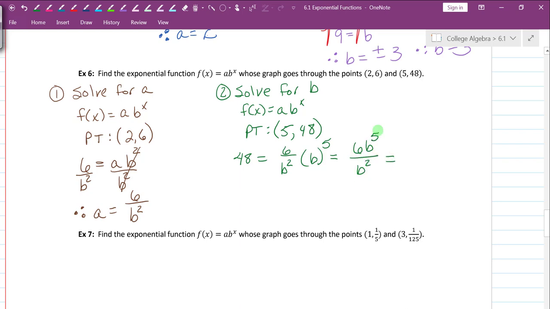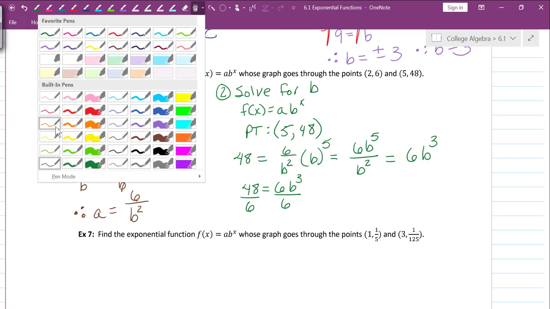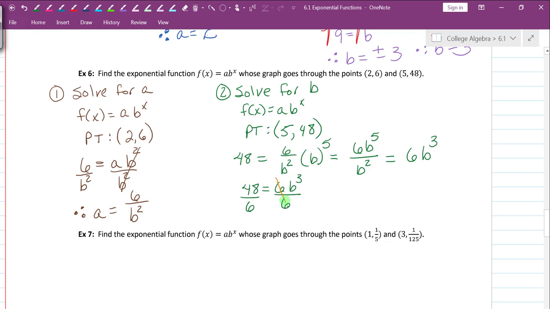But we can simplify this because we have the same base, b to the 5th, b squared. 5 is greater than 2, so we're going to be bringing the b up. So this is equal to 6b cubed. So now I have 48 is equal to 6b cubed. I'm going to divide both sides through by 6 because my objective is to solve for b. So when I divide both sides through by 6, that goes away.